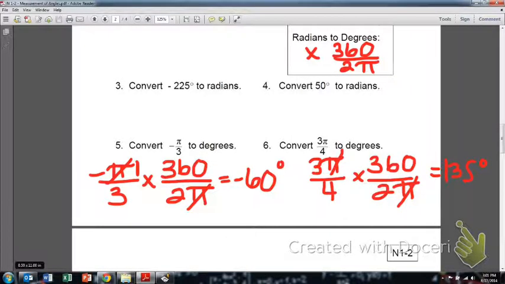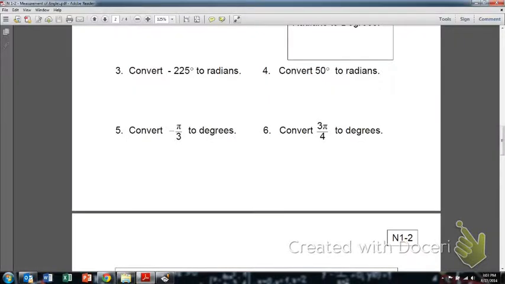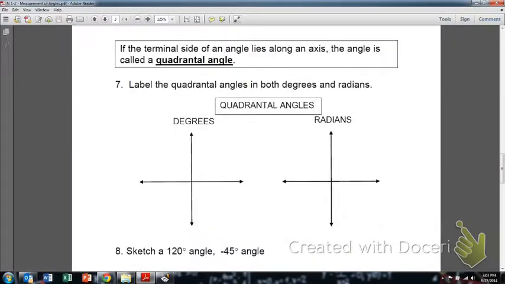Okay, so the next thing we're going to talk about are some special angles called quadrantal angles. And these are just angles that don't lie in one of the 4 quadrants. They're actually on either the x or y axis. So the first one would be 0 degrees. If your angle is completely closed, no rotation at all, that's 0 degrees.